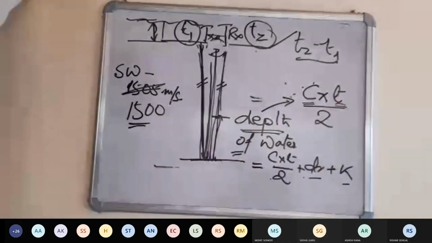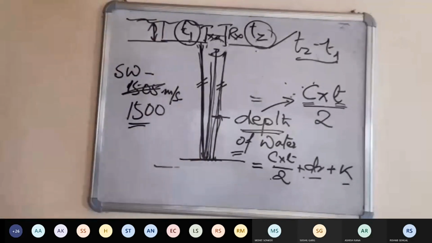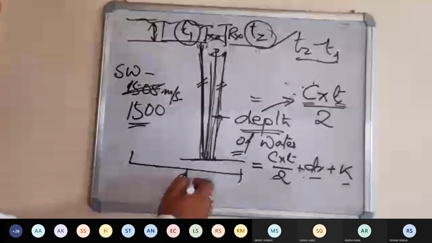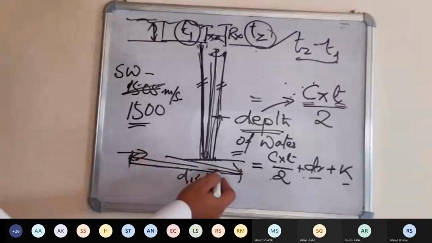This is simply the basic principle. In effect, the working of echo sounder and radar is exactly the same, excepting that this one is measuring the depth, while the radar measures the distance of the target, or range of the target. It transmits from here, it hits and comes back.